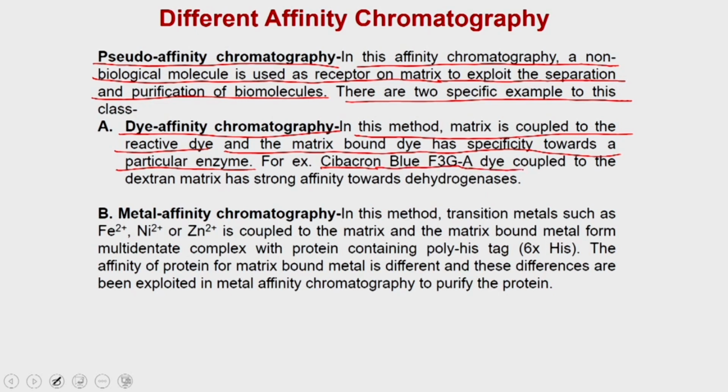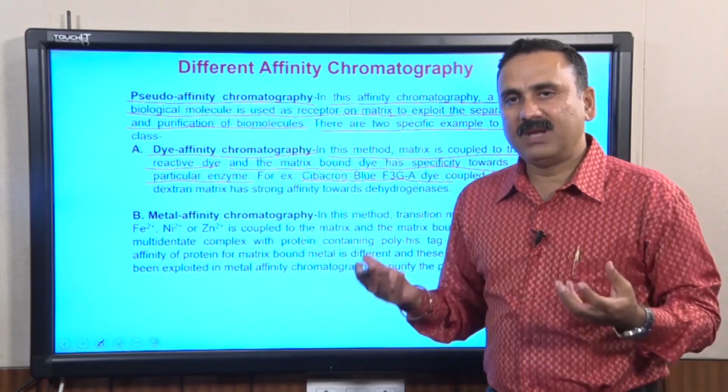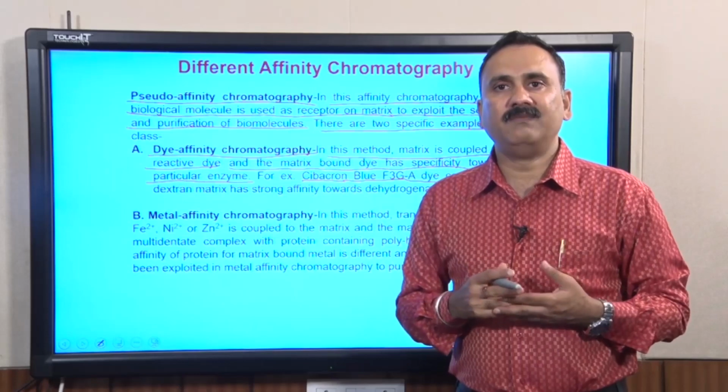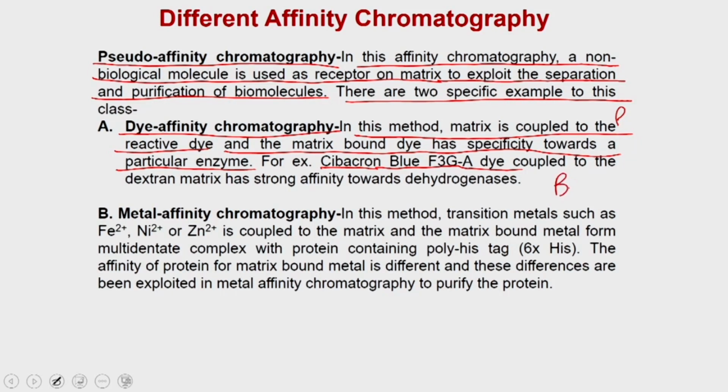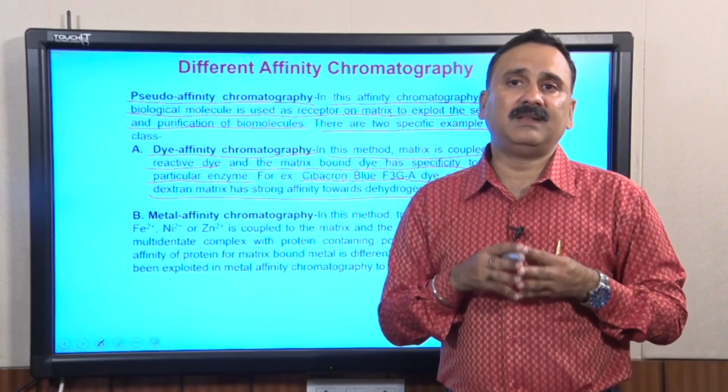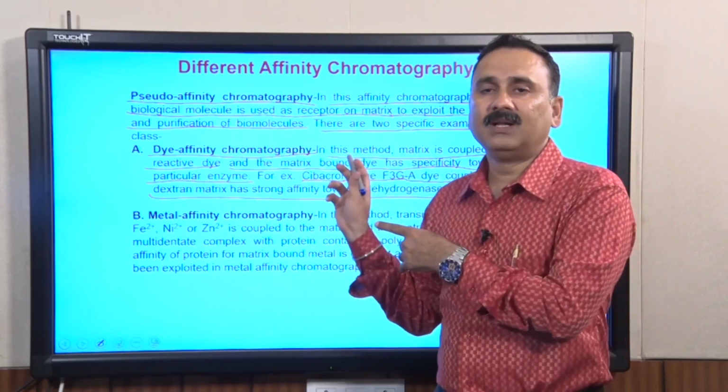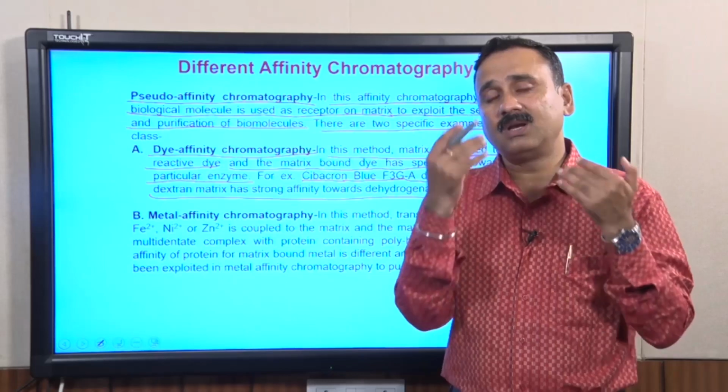When this dye is coupled to Sepharose beads, it makes an affinity chromatography column called blue Sepharose. Blue Sepharose has a very strong affinity for the dehydrogenases, the enzymes which contain NADH, but as I said, this affinity is not exclusive for a particular type of dehydrogenase.